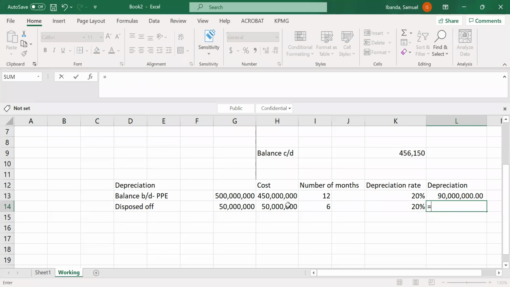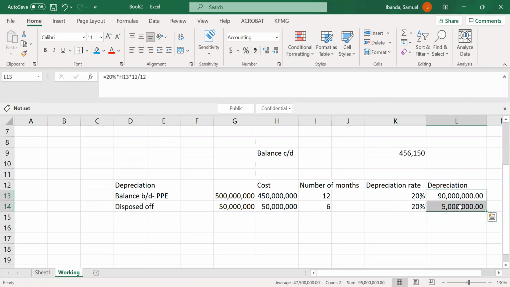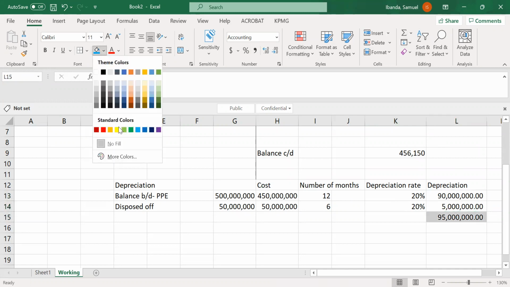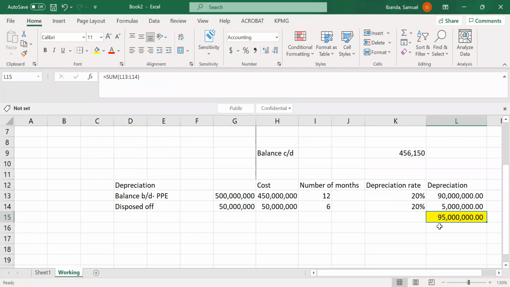Well, this will be only this times 20% times 6 out of 12 for the period it existed. So this gives you 5 million. So you basically get 95 million as your depreciation for the year.